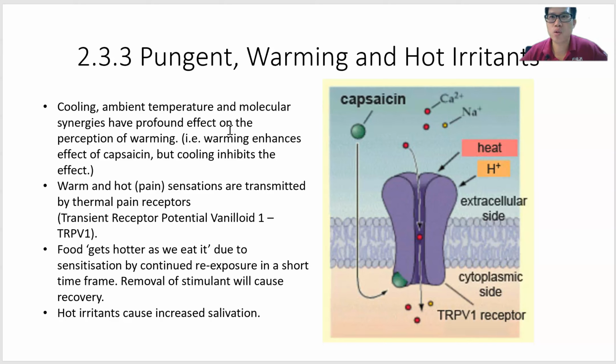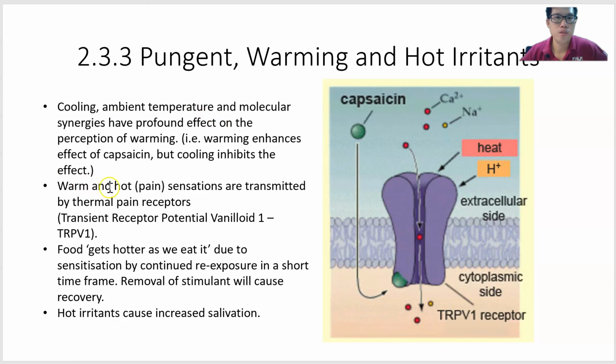In case it's too hot, they try to cool it down. Of course, it's just to give some sort of short term cooling. But again, if your capsaicin is still there and attached to your receptor, you still continue feeling the hot sensation.